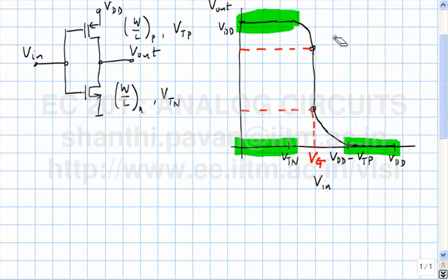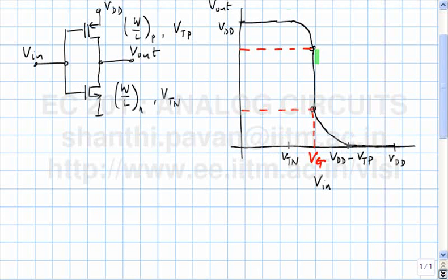If it lies in the middle, that is not a legal digital level. And you can see clearly that when the input logic level is low, the output logic level is high, and vice versa. So this is, in logic parlance, a NOT gate.